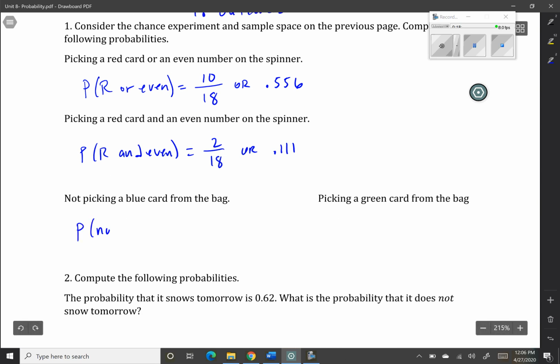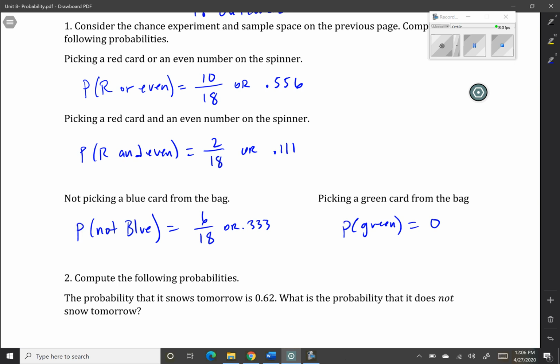Probability of not blue. There are 6 outcomes out of 18 that would be not blue. So if I do 6 divided by 18, that would be 0.333. Probability of picking a green card. Well, that's never going to happen, so that's impossible. So it's probability 0.